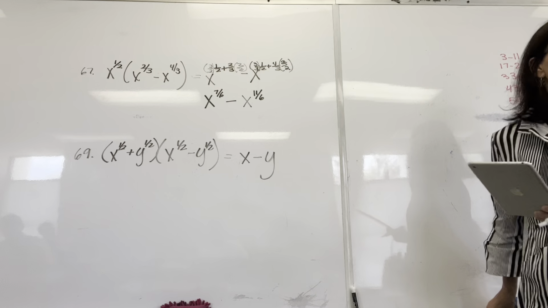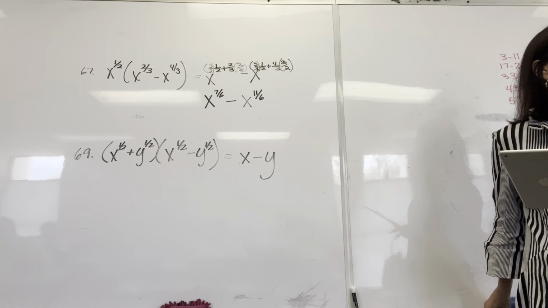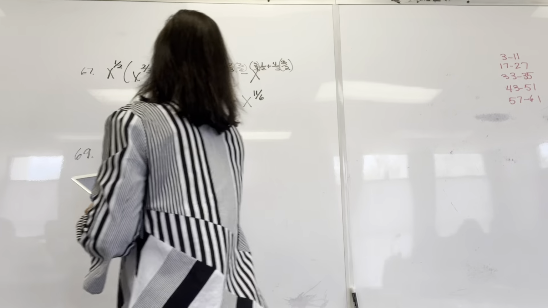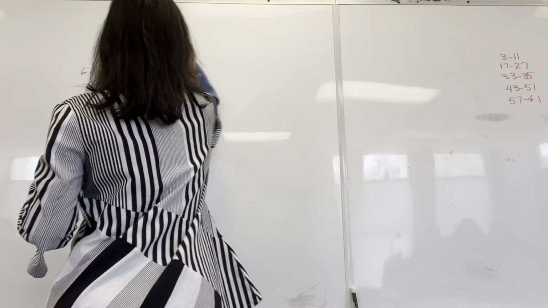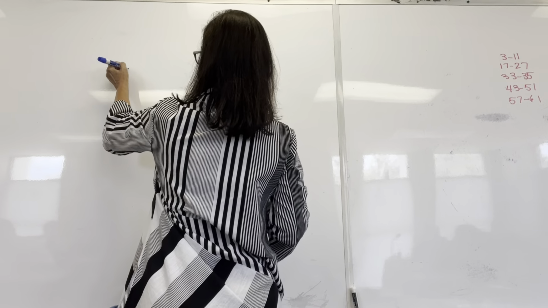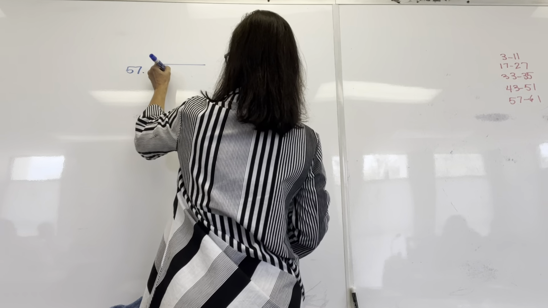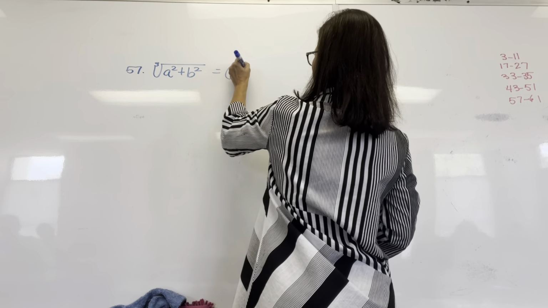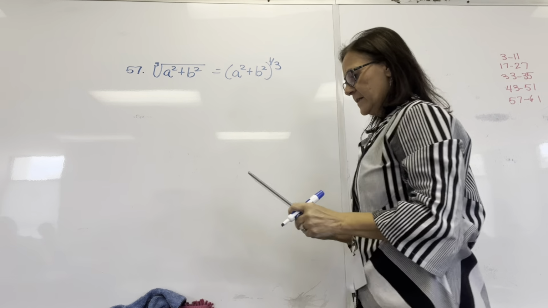Is everybody finished with 67 and 69? Can I erase? That's how easy 57 is.